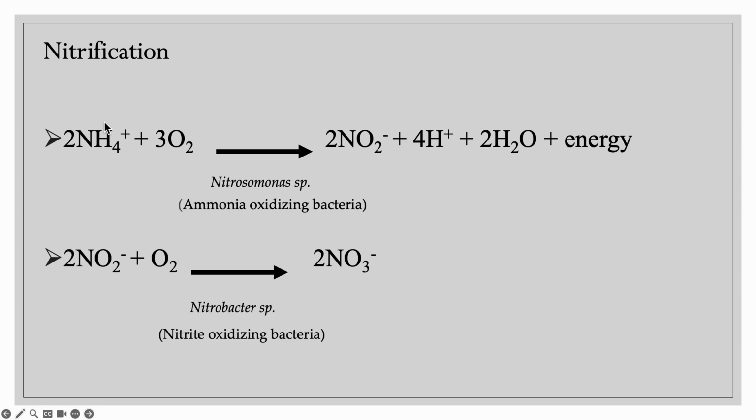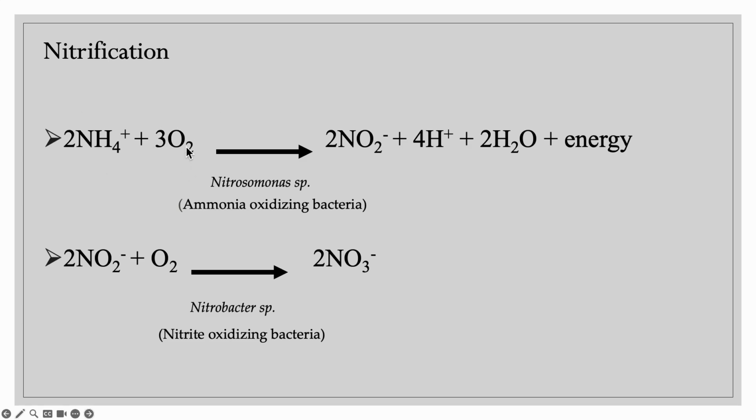And not that you'll need to know this, again, we're not doing the chemical equations, but we just kind of have an understanding that we have ammonium, and in order for this oxidation to happen, we need oxygen. So it's important to understand what soil type you have, because if you have a clay that is filled with water inside of the pore space and there's no oxygen, this reaction would not happen.